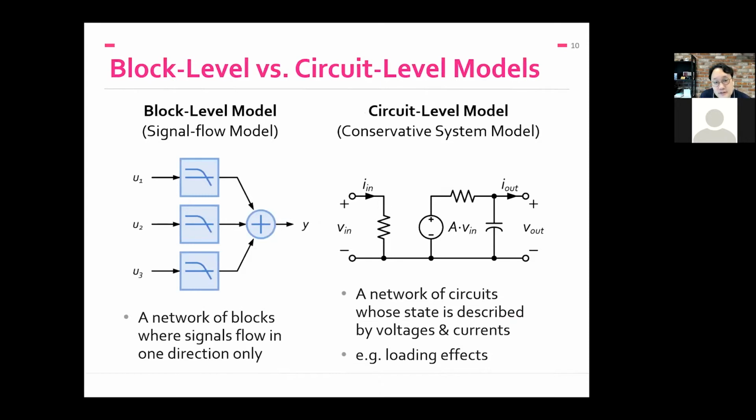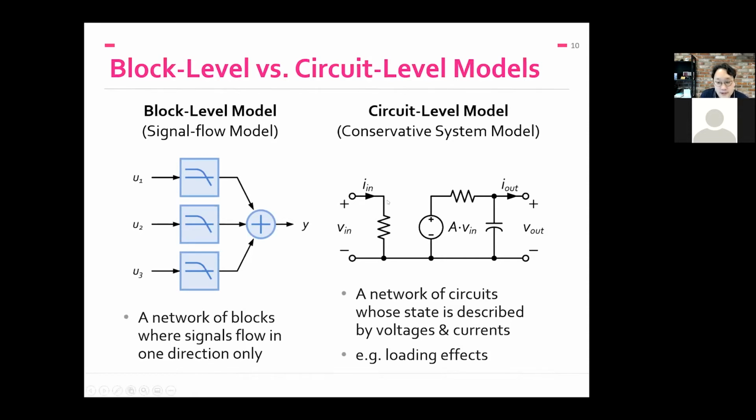But analog circuits in general can be modeled in two different ways. One is you can use a set of blocks that are connected by signals that propagate in one direction. People call this a signal flow model. We call that, in simpler terms, a block level model. But it turns out circuits in general may not be expressed in the signal flow model.